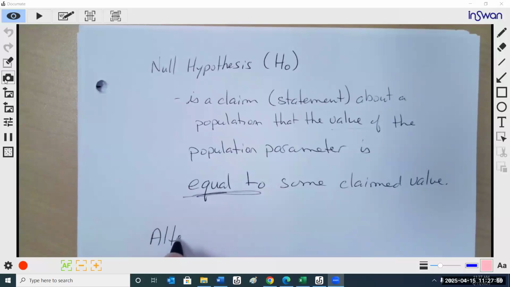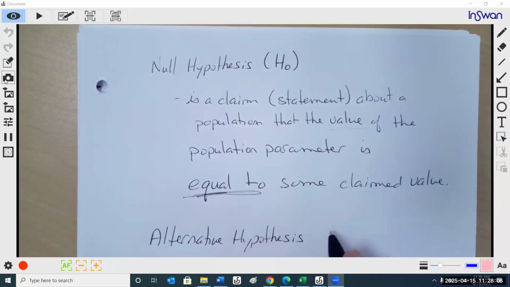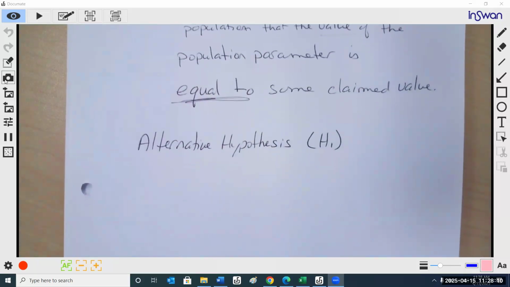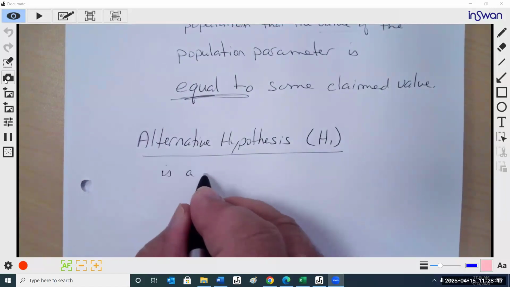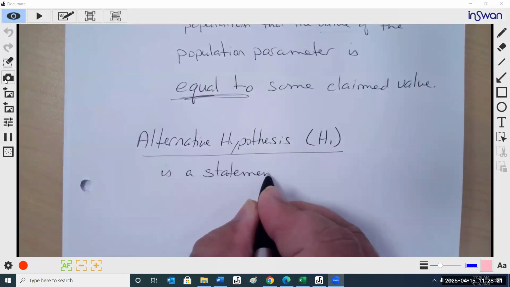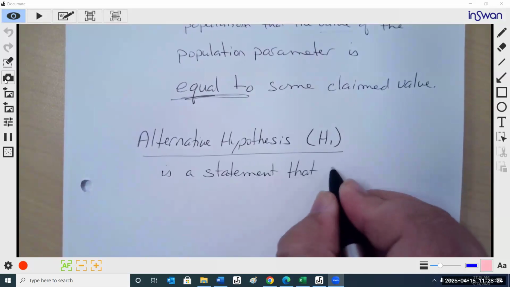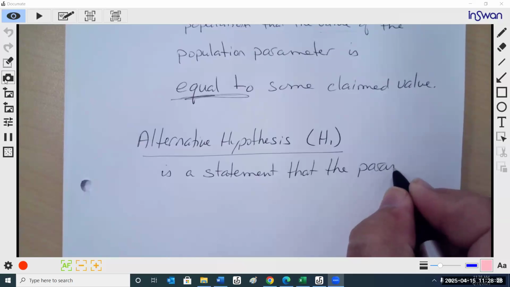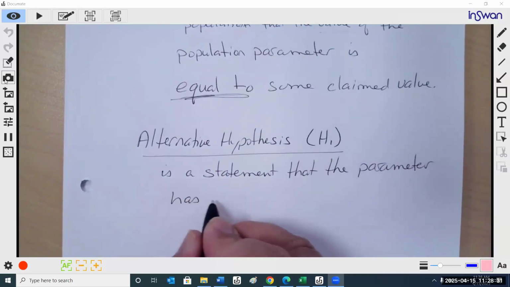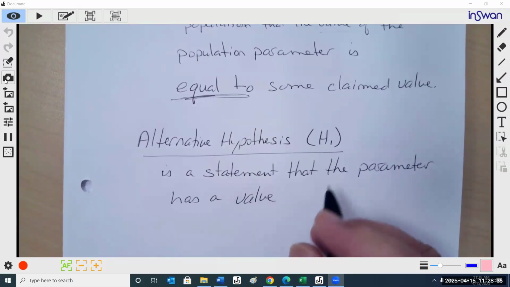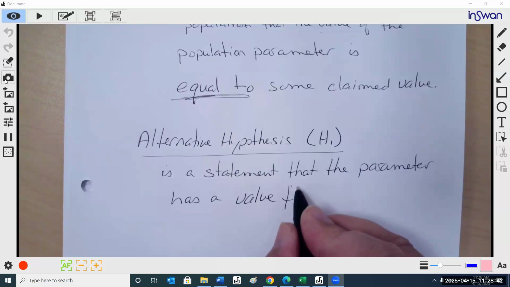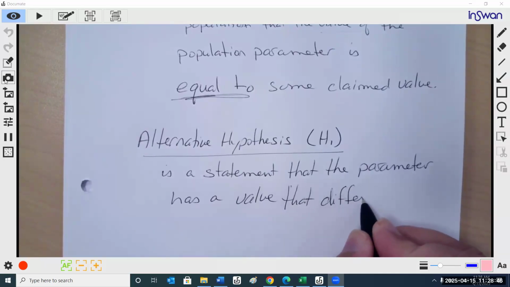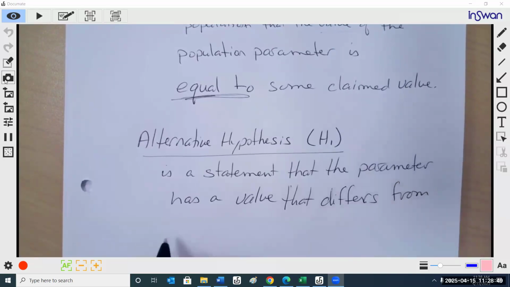The alternative hypothesis, labeled as H sub 1, is a statement that the parameter has a value that differs from the null hypothesis.